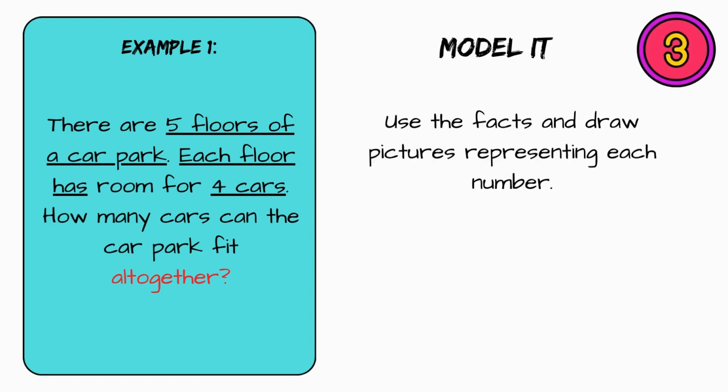And then number three is model it. So we're going to use the facts that we have underlined, circled and highlighted in step number two, and we are actually going to represent each number. You will see I actually did this already.